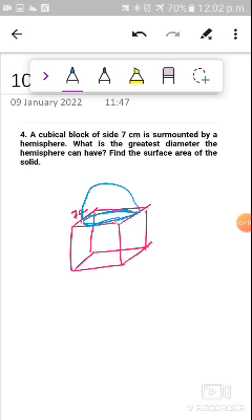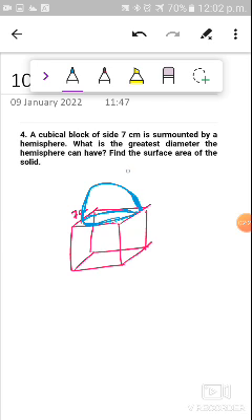This is the base of the hemisphere, and this is the top part of the hemisphere, the curved part. So this is the hemisphere. So this cubical box of side 7 centimeter is surmounted by a hemisphere. So what is the greatest diameter the hemisphere can have?